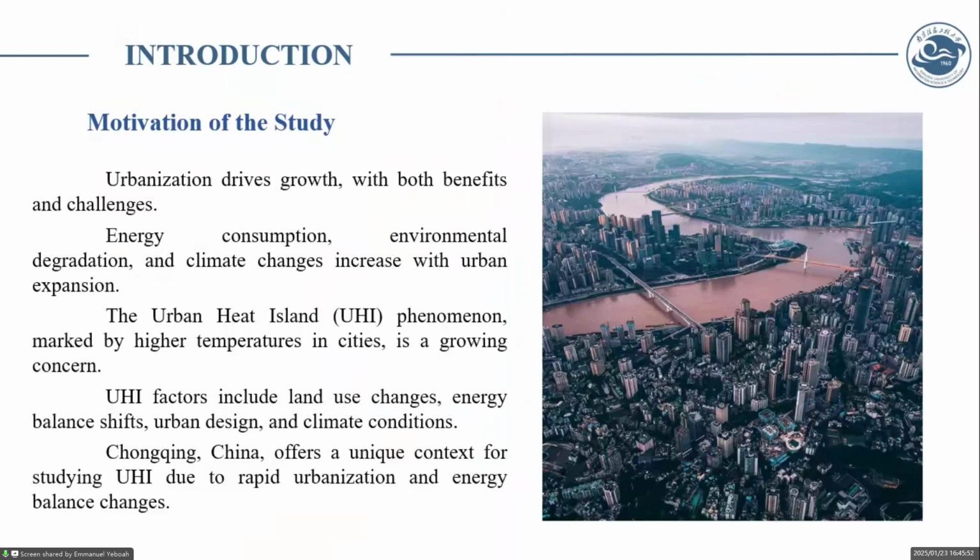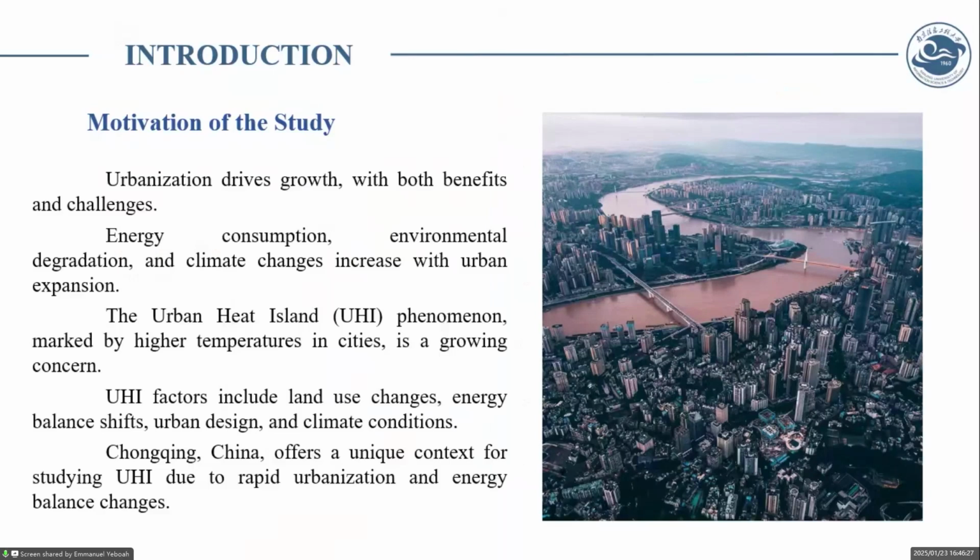Urban heat island refers to elevated temperatures in urban areas as compared to rural or natural areas. There are a lot of factors which come into play when you are looking at UHI, such as land use and land cover change, which tends to alter the energy balance components of our urban areas and has probably resulted in alterations and intensifications of the UHI.